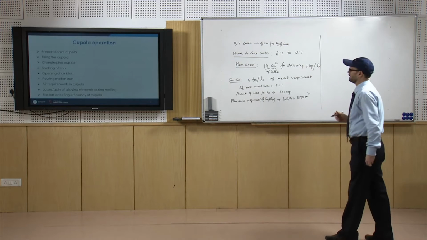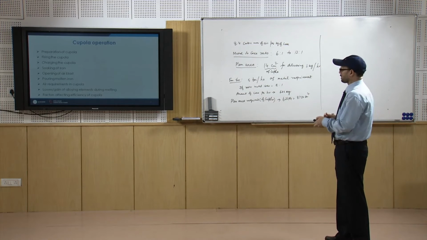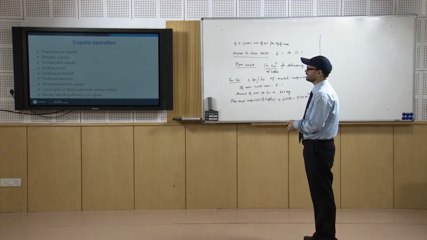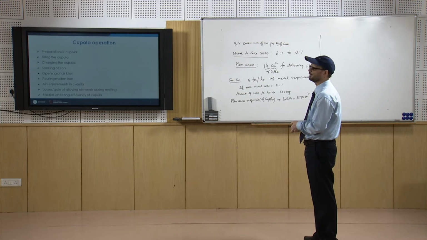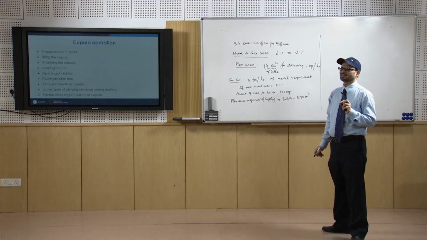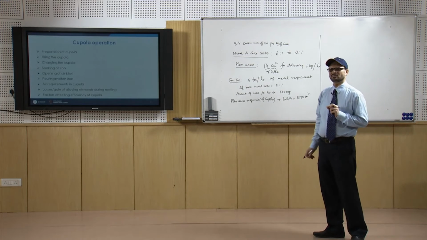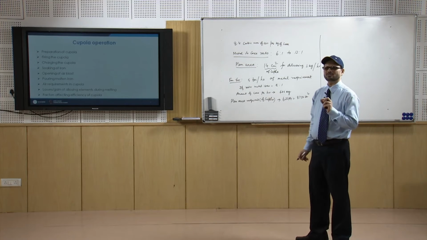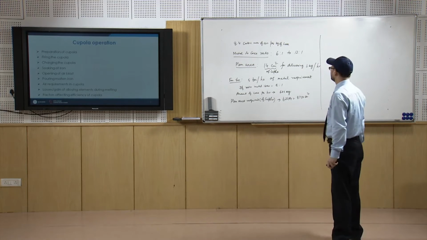Now, we will discuss the loss or gain of alloying elements during the melting process, mostly about carbon, silicon, manganese, phosphorus, sulfur and iron.